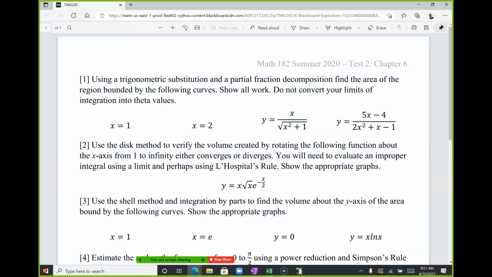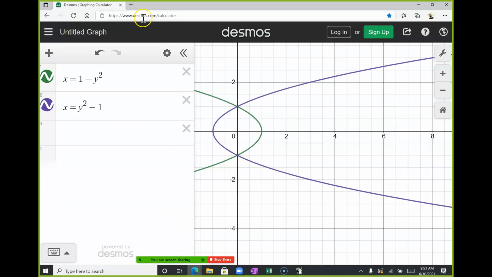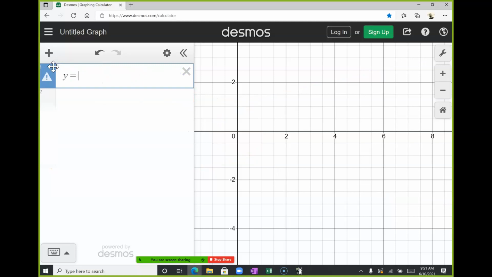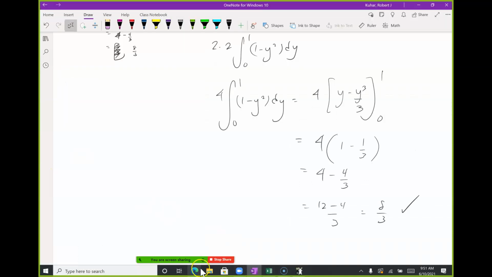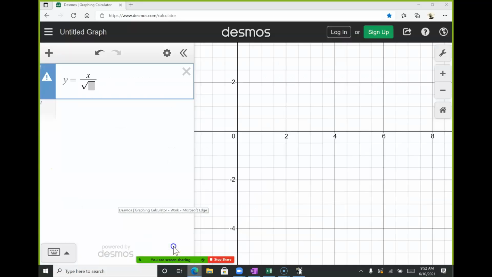And so what I really have to do is figure out which curve is above and which curve is below. That's the most difficult thing, right? So I want to look at those on Desmos real quick. The first one was y equals x over square root of x squared plus 1.